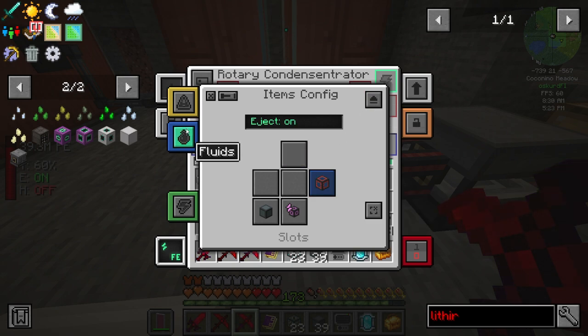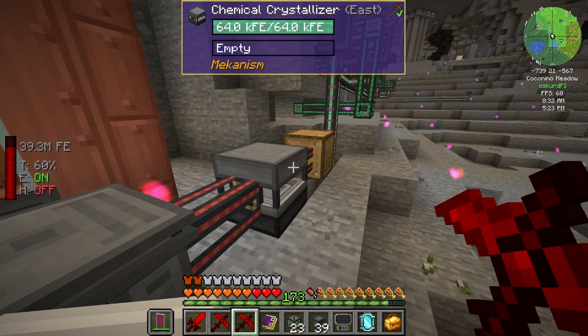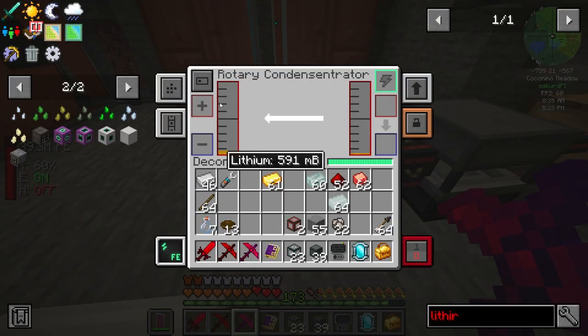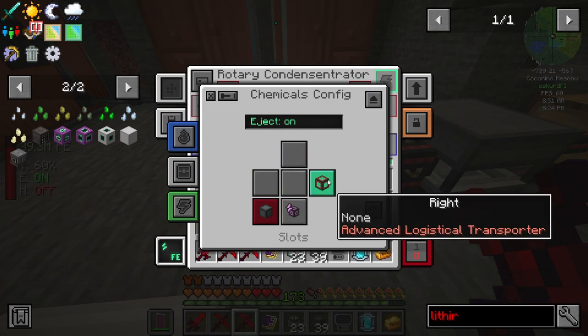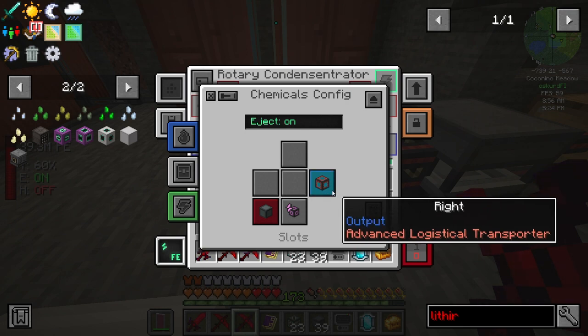Wait, that's for fluids. Wait, I'm so confused. Fluids, items, chemicals. Chemicals, auto eject on. This is chemical, so it's outputting there.